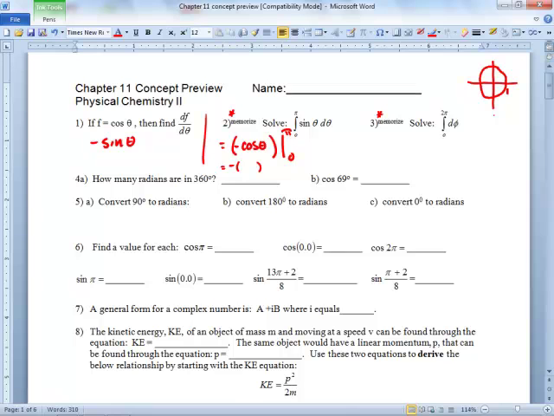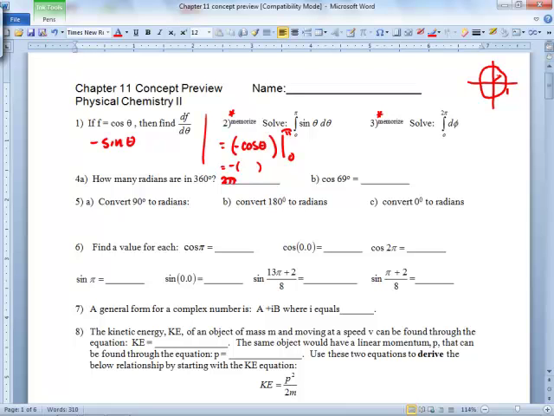You're supposed to use the word radians, right? Okay, so you go all the way around once. There it is, 4a. How many radians did you go through? 2 pi. There's 2 pi radians in 360 degrees. Okay, so let's back up a little bit. So you draw a little triangle here.